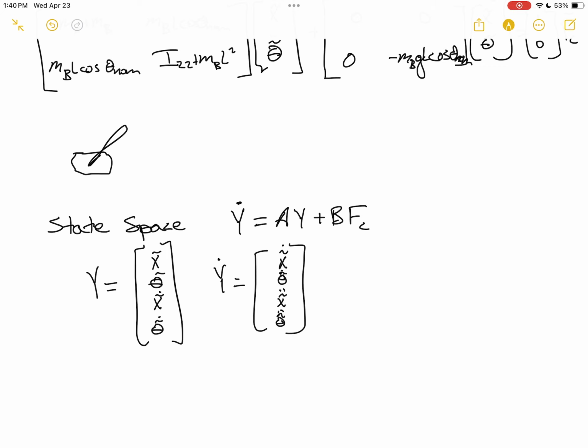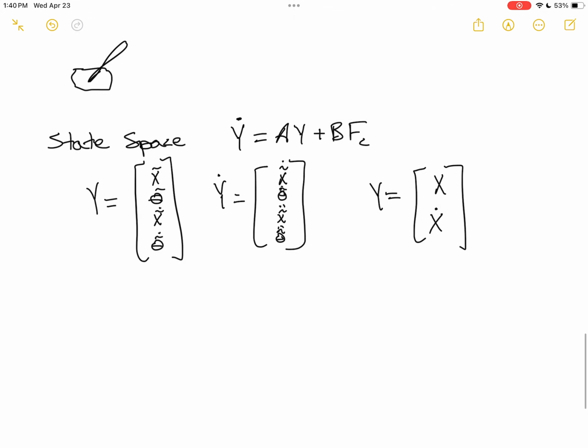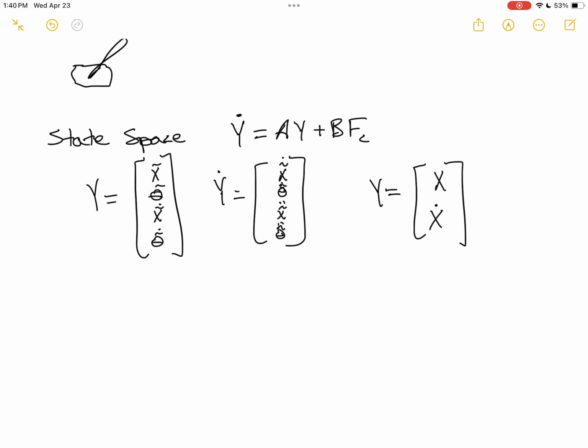And we can relate this to our matrix form by saying that we can also say y is equal to our vector x and the vector x dot. And this is in a block notation. So from our earlier matrix form, we can isolate M x double dot is equal to minus K x plus G times f_c tilde.